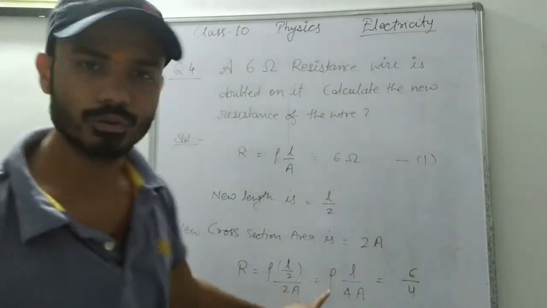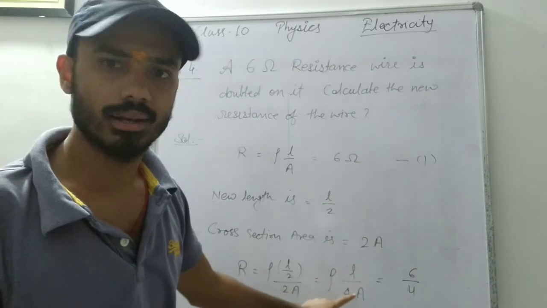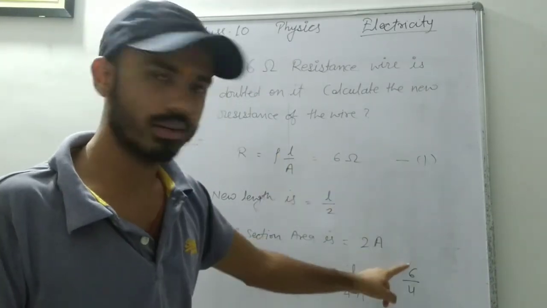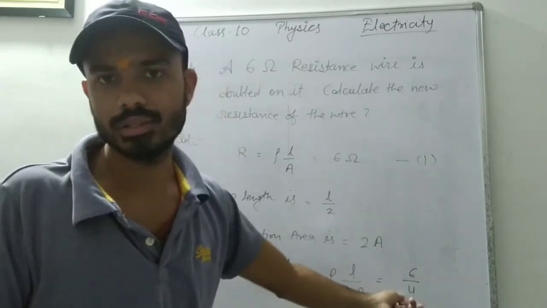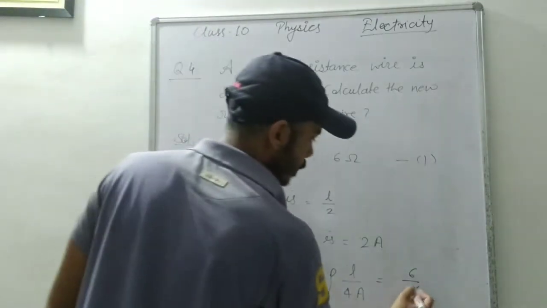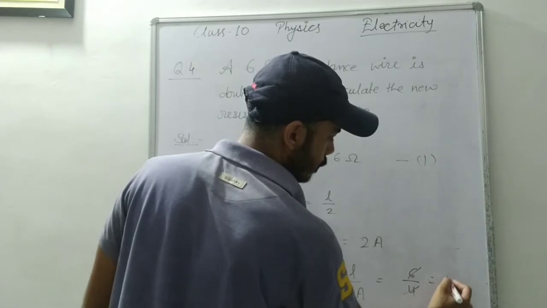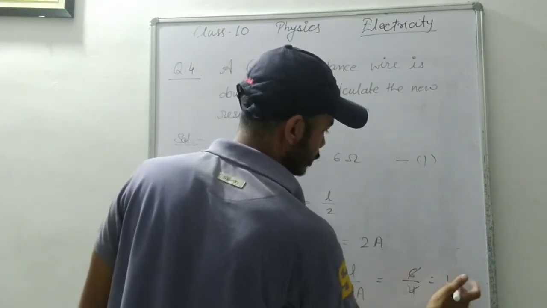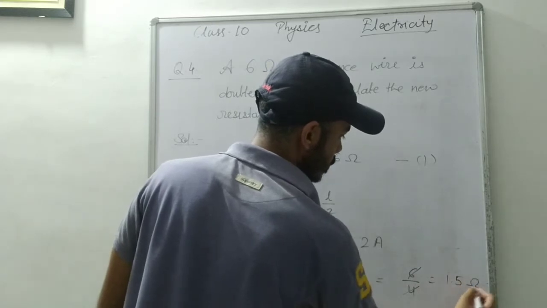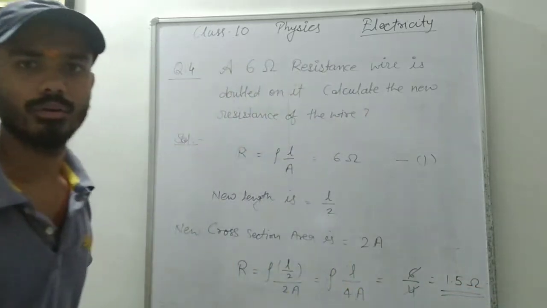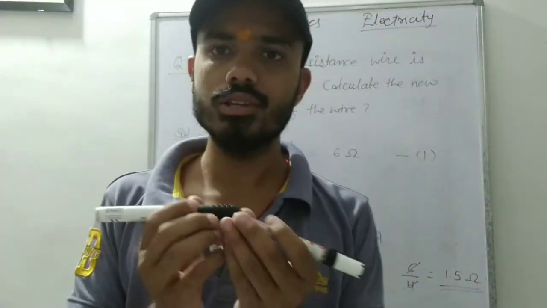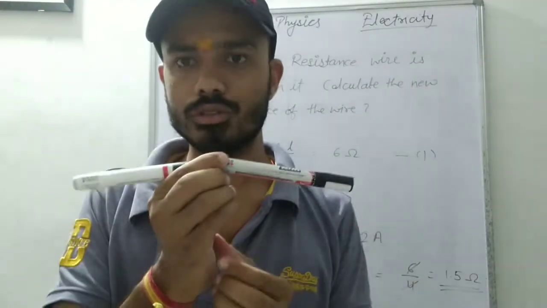Okay, rho L upon a is equal to 6, so I am writing 6 and the remaining 4 is here, so 6 by 4, which is 1.5, and resistance is measured in ohm.